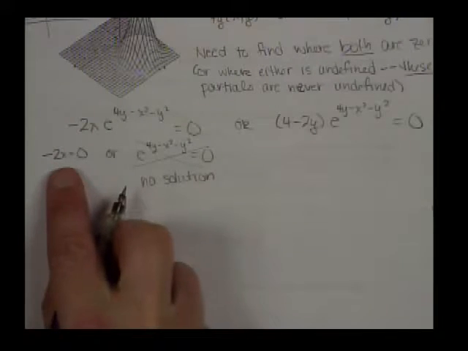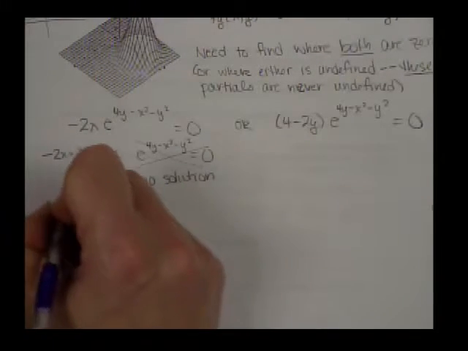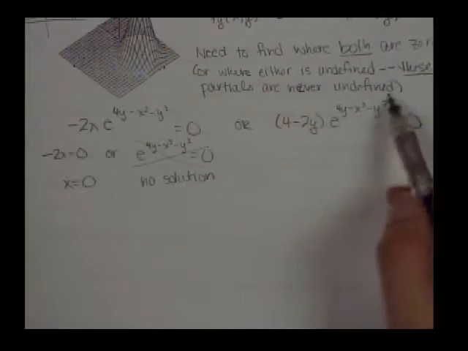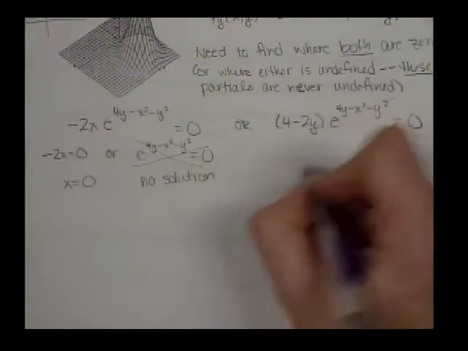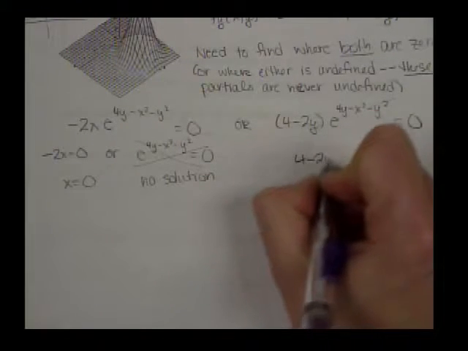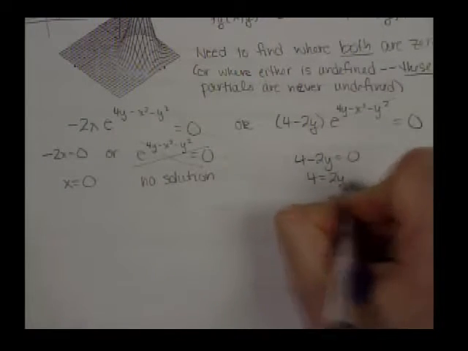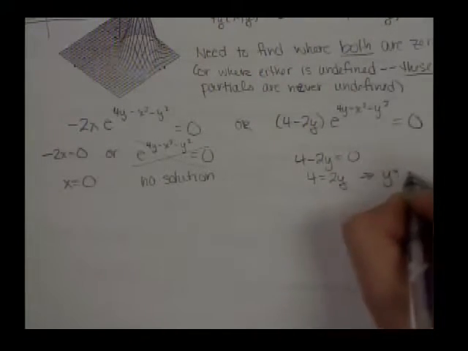The first one, we would just get x equals what? 0. So the second one, obviously we know, for the same reason, the second factor is not 0, so it must be the first factor. 4 minus 2y has to equal 0. So 4 has to equal 2y, which means y has to equal 2.